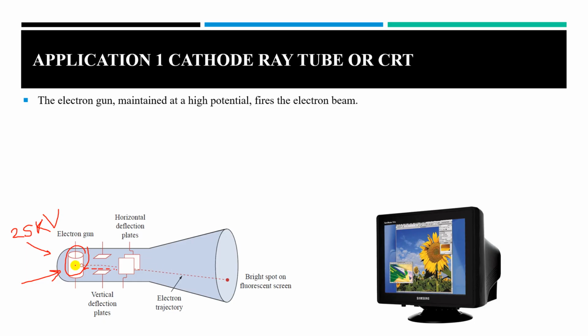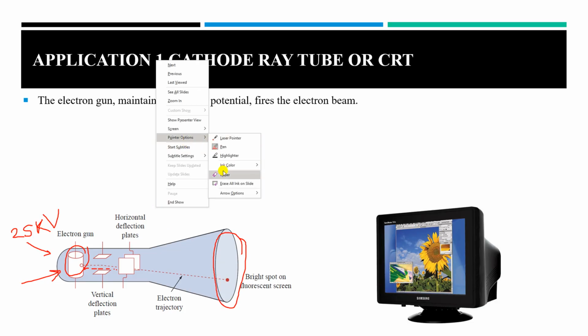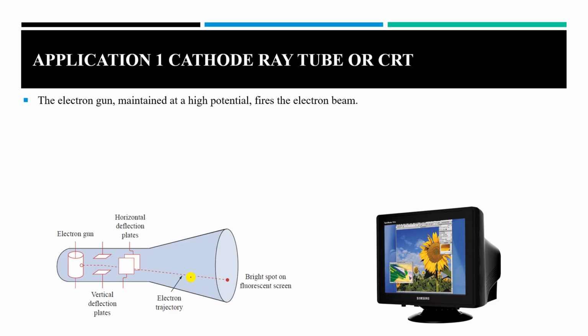Now when these electrons move like this and hit a fluorescent screen, we will have a bright spot. So as you can see here, when this electron beam hits the screen, we will have a dot like this. Then by doing this several times, we will have a dot here, another one here, another one here.